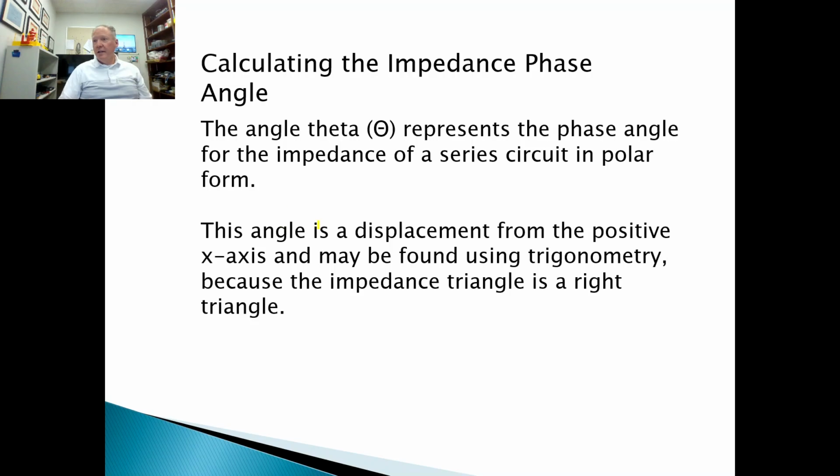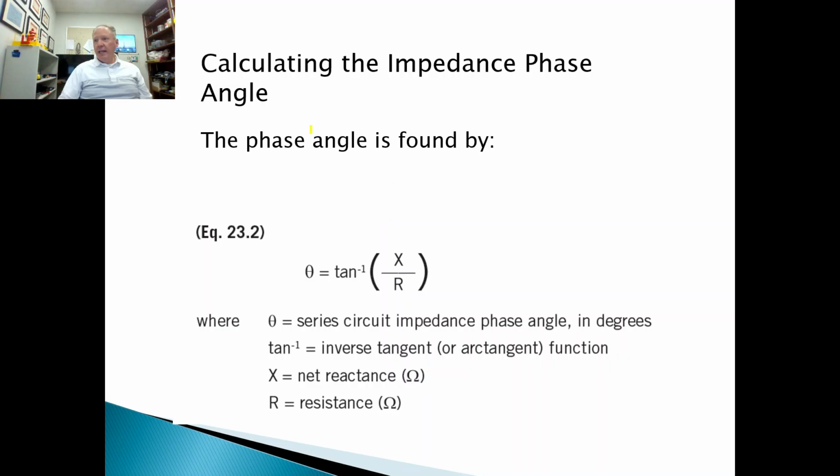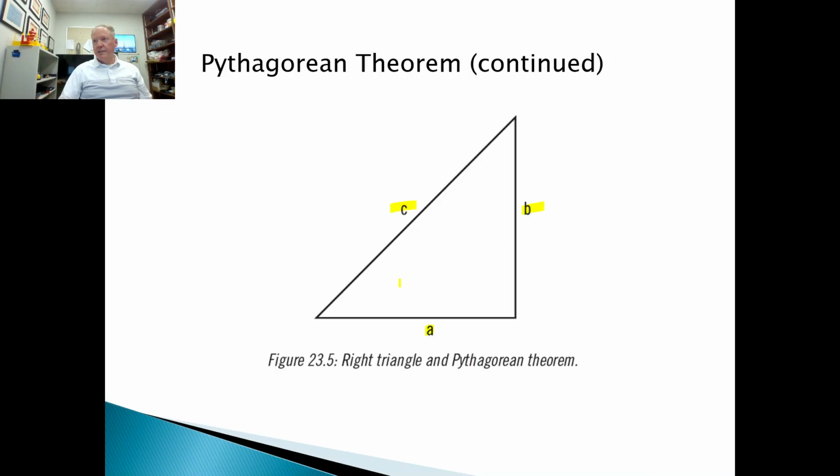Then theta represents the phase angle. So the phase angle is going to be found by the inverse tangent of the reactance divided by the resistance, or the opposite over the adjacent, right? Because remember, this is our resistance, this is our reactance.